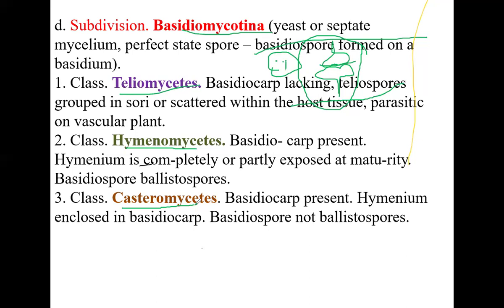Here, the basidiocarp is absent. It has teliospores. You know, I told you basidiocarp has 2 types: phragmobasidium and holobasidium.